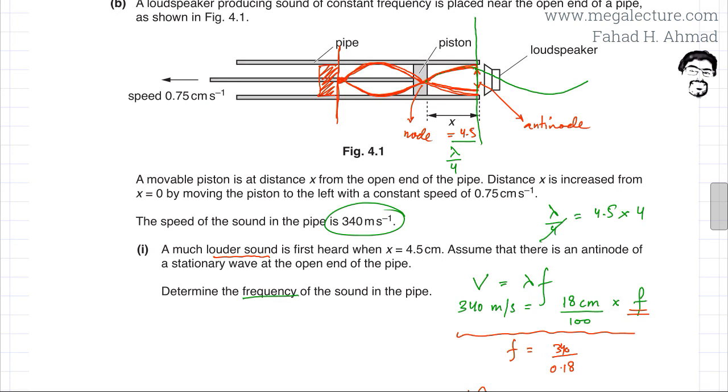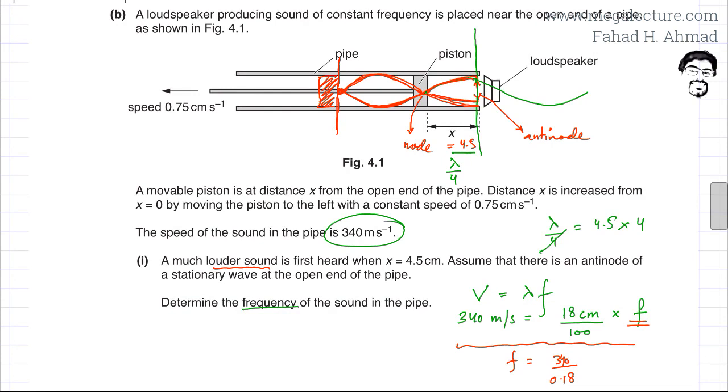And we know that the first loud sound was produced when the piston had traveled a distance of 4.5. Remember, lambda by 4, or quarter of the wavelength, we've already calculated, that's 4.5 centimeters. So the other loud sound would be produced when the piston would have moved this distance. And if you calculate this, it's 2 lambda by 4s.